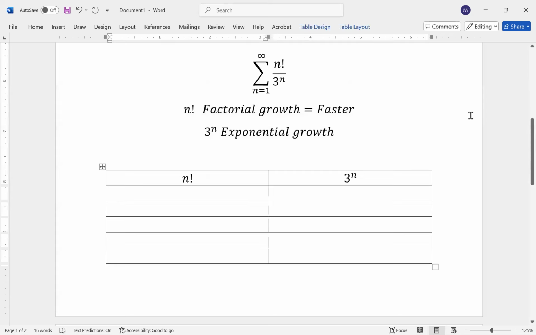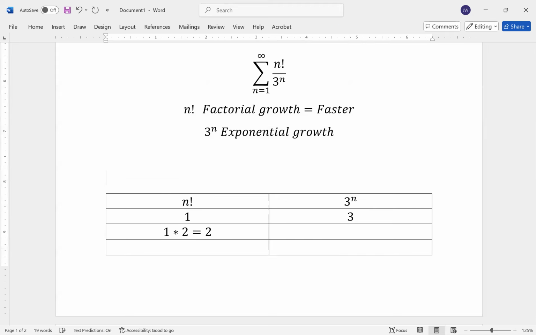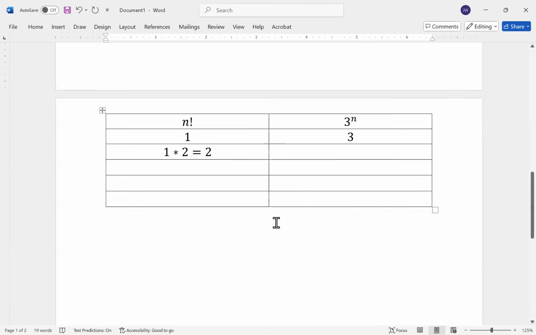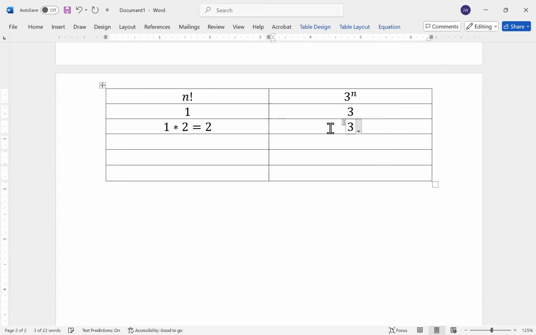So when n is equal to 1, I just get 1. When n is equal to 1, I get 3. When n is equal to 2, I get 1 times 2, which is 2. When n is equal to 2, I get 3 times 3, which obviously is 9.